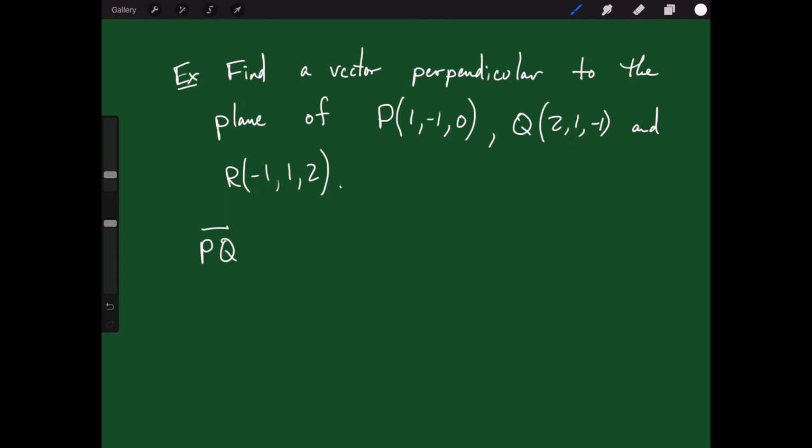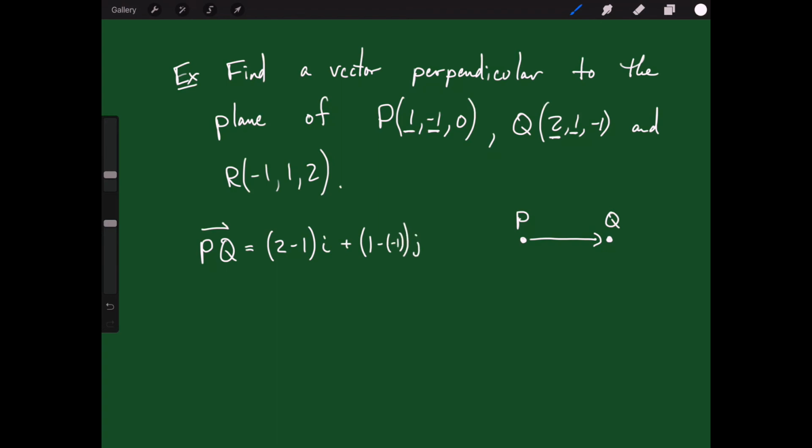Okay, so what I want to do is first let's figure out what is the vector connecting P and Q. Well, remember, when I'm starting at P and going to Q as a vector, then I take the components of Q and I subtract the components of P. In other words, I take the first component of Q, which is 2, and I subtract the first component of P, which is 1, and that's an i, plus the second component of Q, which is 1, minus the second component, which is minus 1.